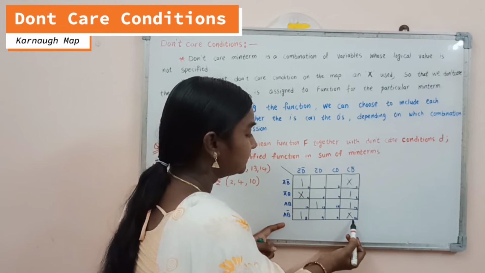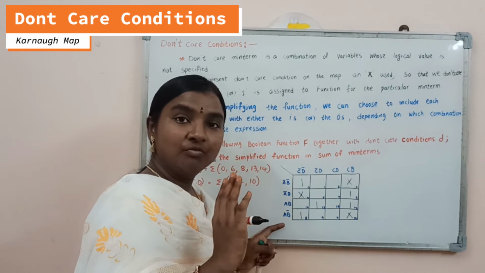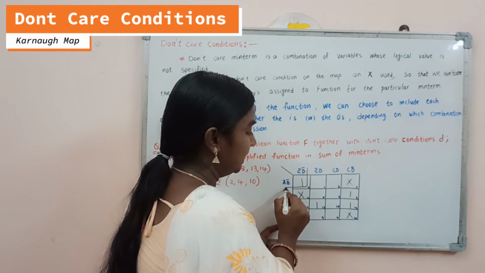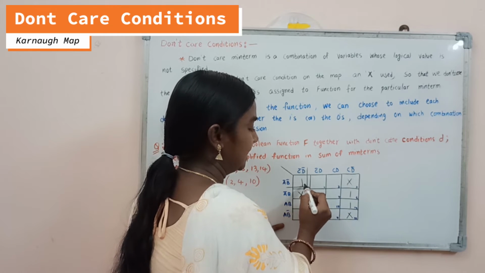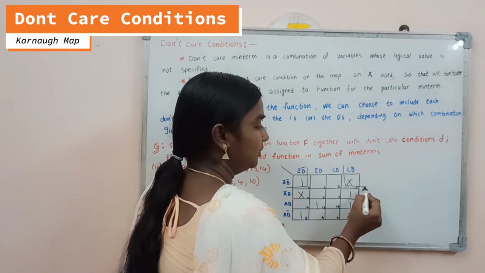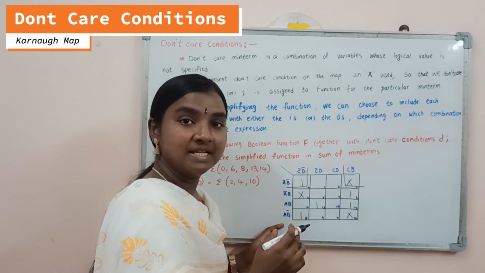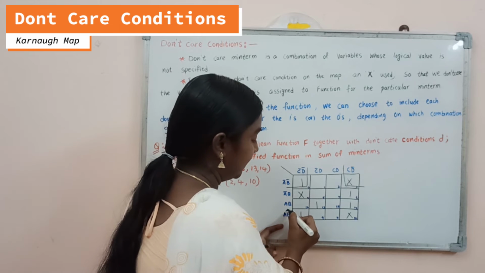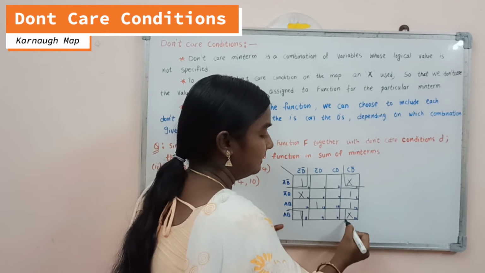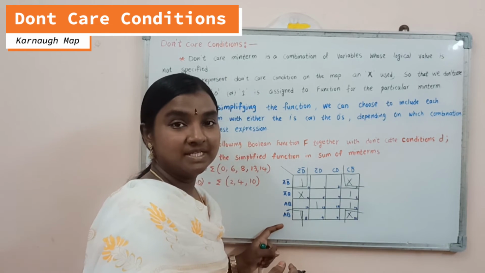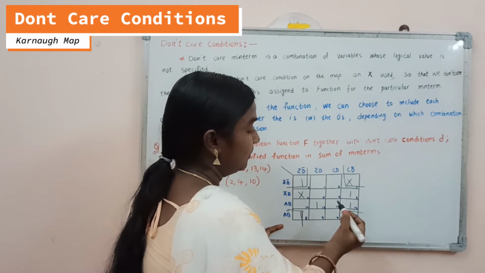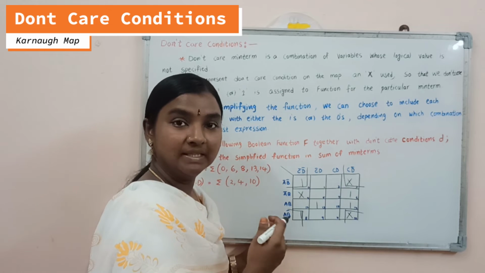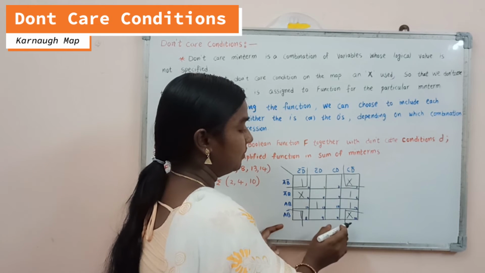So we can make 4 cells as a group by considering the M0 minterm as 1, and this M2 minterm, a don't care, we are considering as a minterm here by assigning 1, and the M8 and M10 minterms we are also considering as 1.